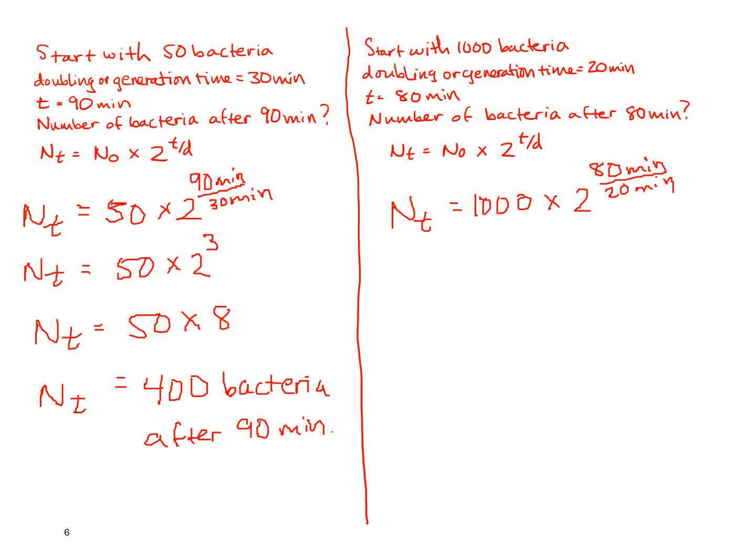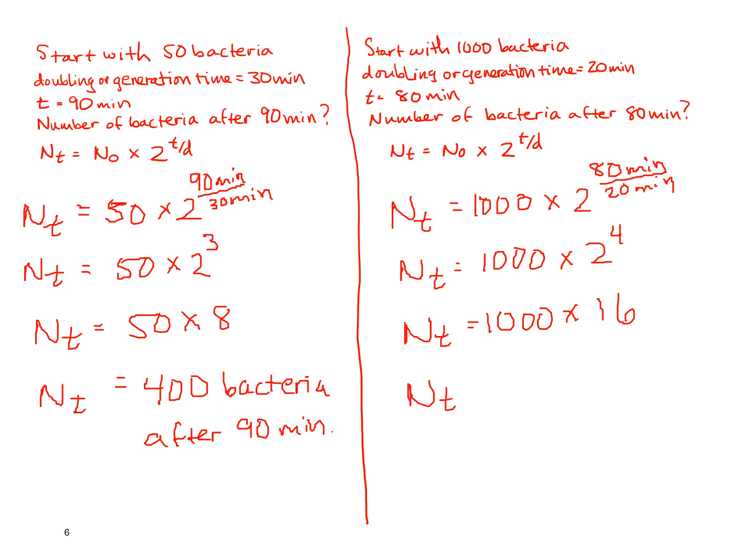And so if we rewrite this, we have 1,000 times 2 raised to the 4th power. And so it's going to be 1,000 times 2 raised to the 4th power, which is 16. So our answer will be 16,000 bacteria after 80 minutes.